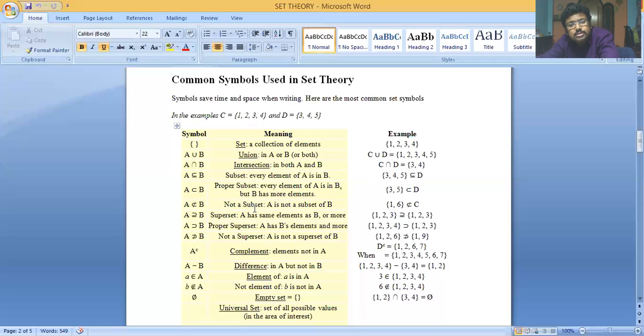So not a subset. A is not a subset of B. Here, this set is not a subset of C.